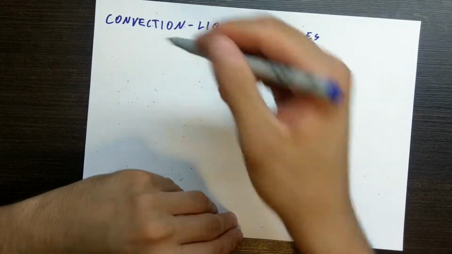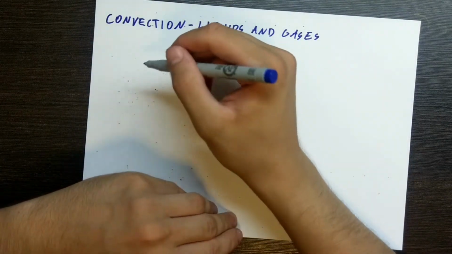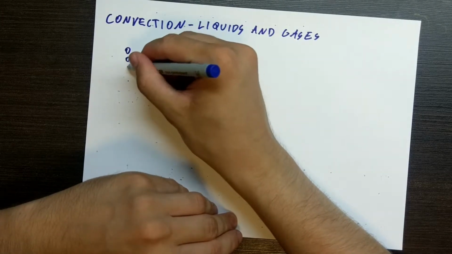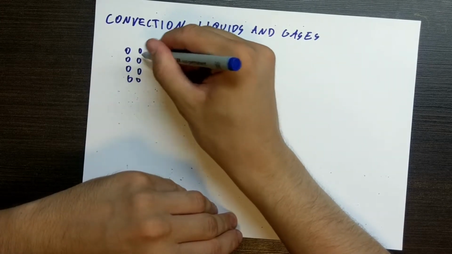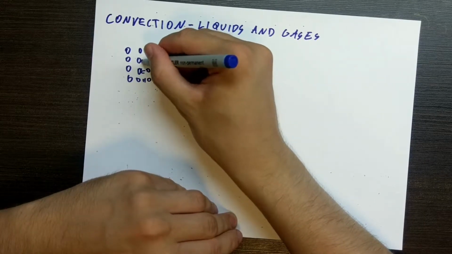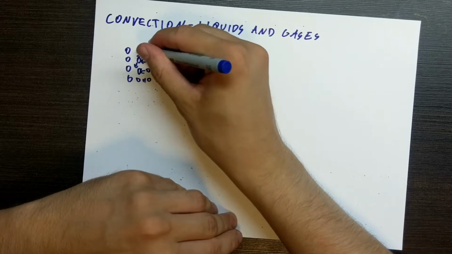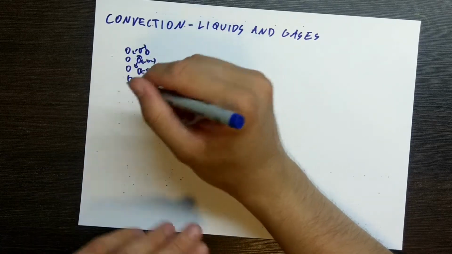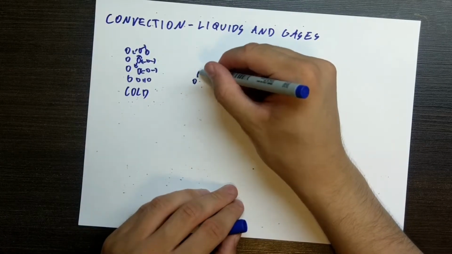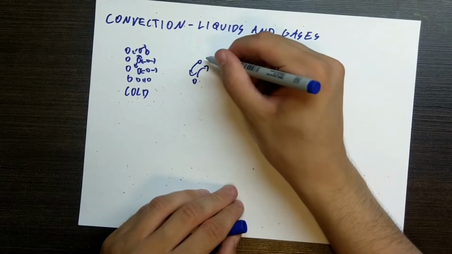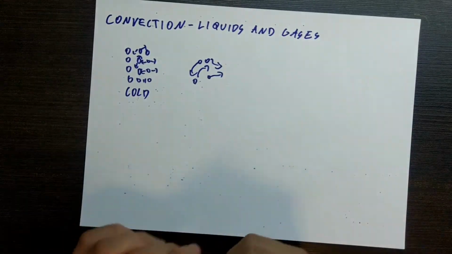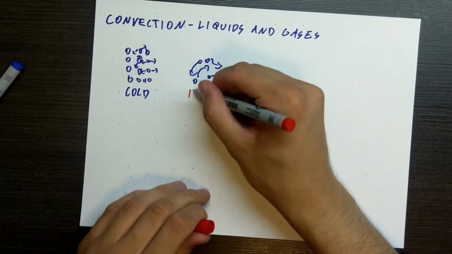Well, let's go back to what is heat. Now, if we have particles like this, and they are not moving around much, they're just sort of vibrating like this, it's cold. Now, again, if we have particles that move around more, like this, then it is, in fact, hot.